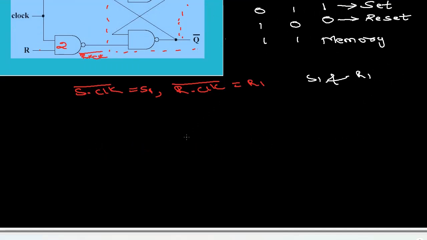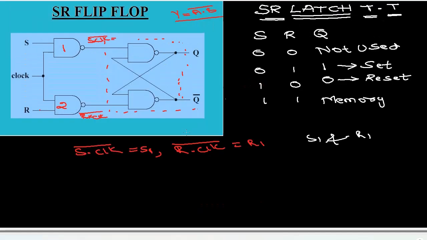Now coming to the first case, case 1: S equal to 0, R equal to 0 and clock equal to 1. Now we have to find the S1 and R1 values.